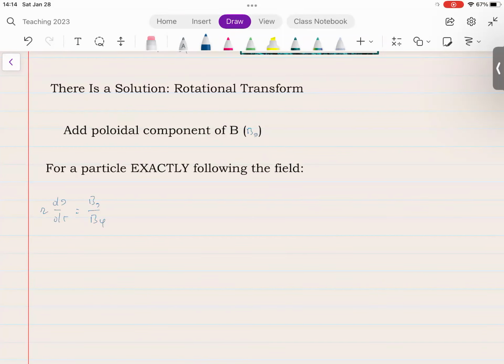Now let me call it B phi. V phi, or since V phi is the part of the parallel velocity that is aligned with the toroidal field, I can also write this as B theta over B phi times B phi over B total B times v parallel, or B theta over B times v parallel.